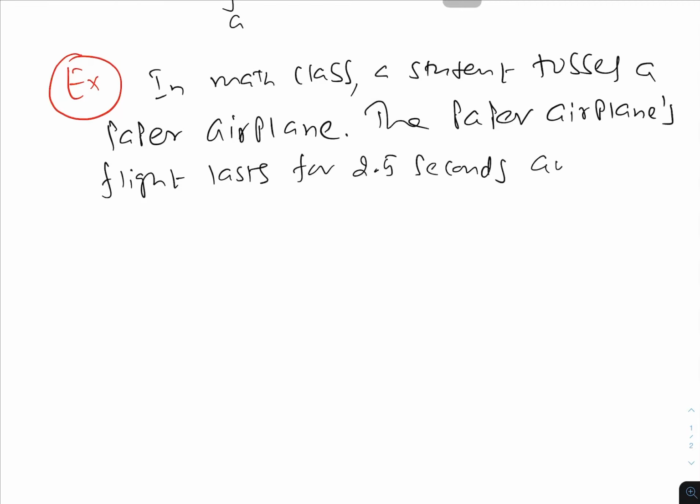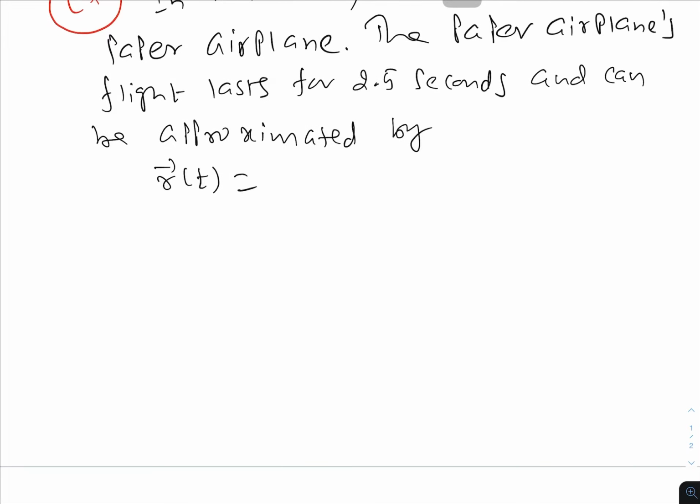And it can be approximated by r(t) equal to 1.2 sin t i plus 1.2 cos t j plus 0.4 t k.